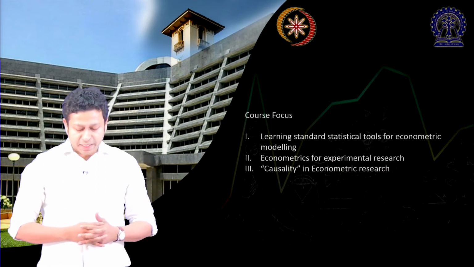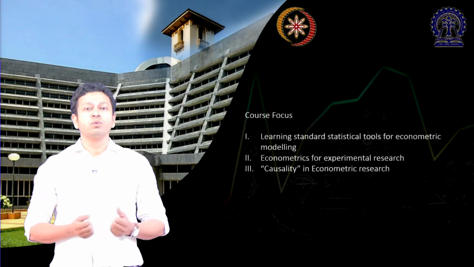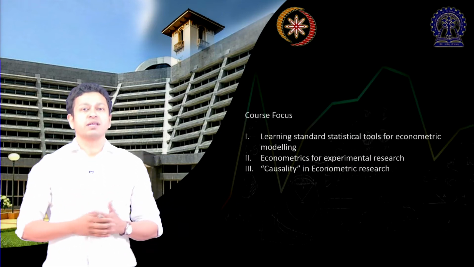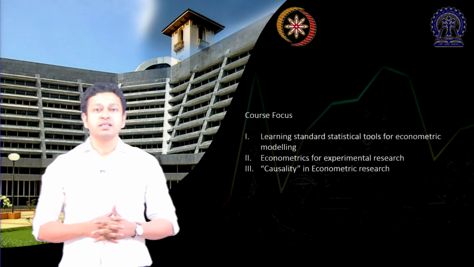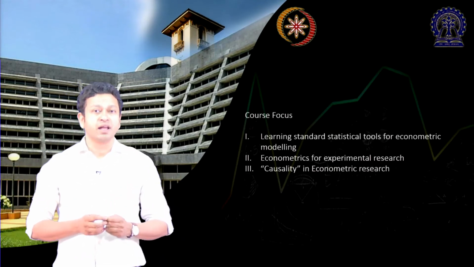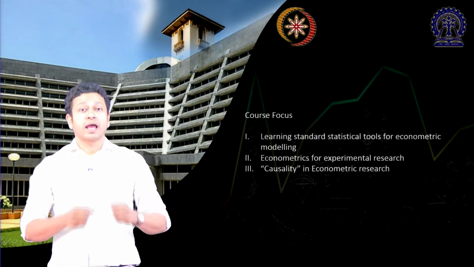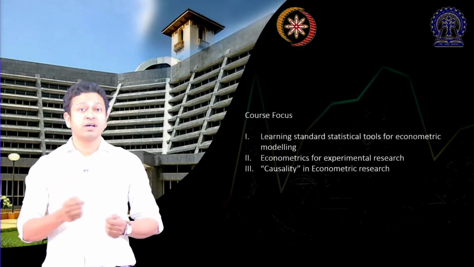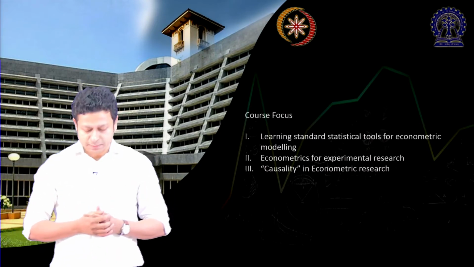The second aspect of this course would be to learn different tools, models, and assumptions that we make to do experimental research. Experimental research is one emerging area in economics, and we want to give a concrete shape to it, or actually learn the basic tools as well as some advanced tools which are associated with experimental research.